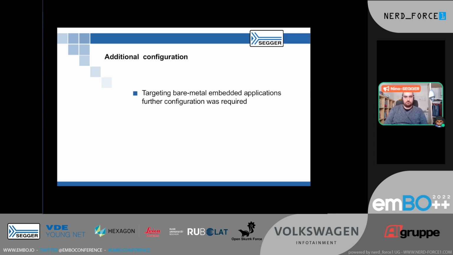Additional configuration. It was not the end of it. To remember, our target is bare metal embedded applications. So there's still configuration that needs to be done that the library requires. One part is atomics. Another we found was multi-thread support, and file handling, so streams are supported.